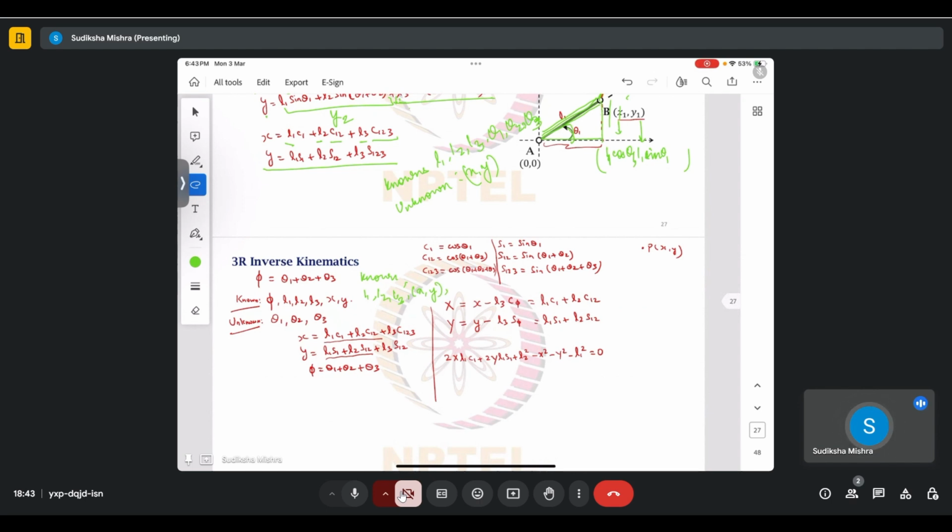And the assumption in a 3R problem is that the sum of all the angles is known. Sum of theta 1 plus theta 2 plus theta 3 is known. So you also know phi. Whereas the unknown is theta 1, theta 2 and theta 3. This is what you need to compute.